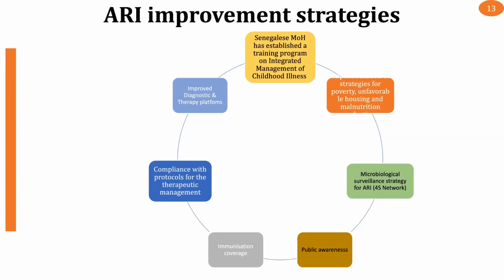These include policies developed by the Ministry of Health, establishing a training program on integrated management of childhood illness. We also have strategies to improve the malnutrition situation among the most vulnerable population, like children.